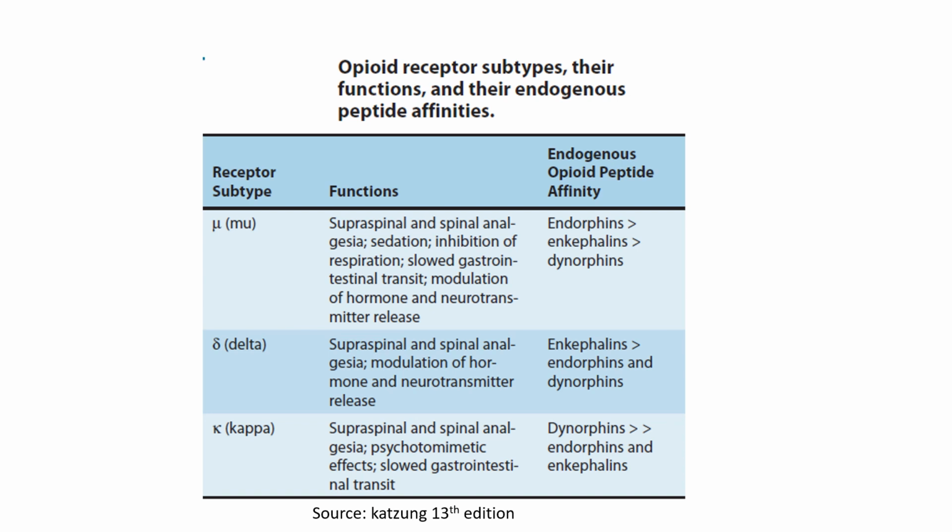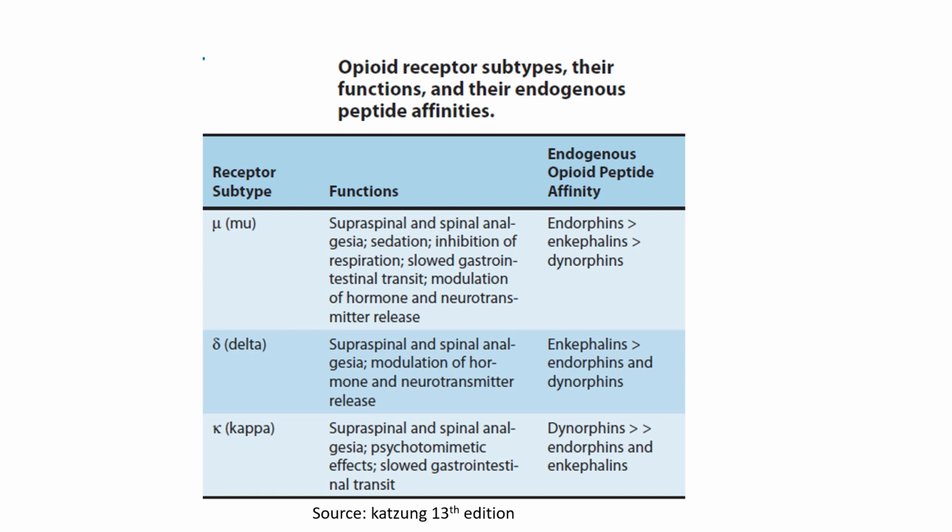Endorphins have greater affinity for mu receptors, enkephalins have greater affinity for delta receptors, and dynorphins have greater affinity for kappa receptors. The mu receptor is the most important receptor, dealing with the modulation of supraspinal and spinal pain response.